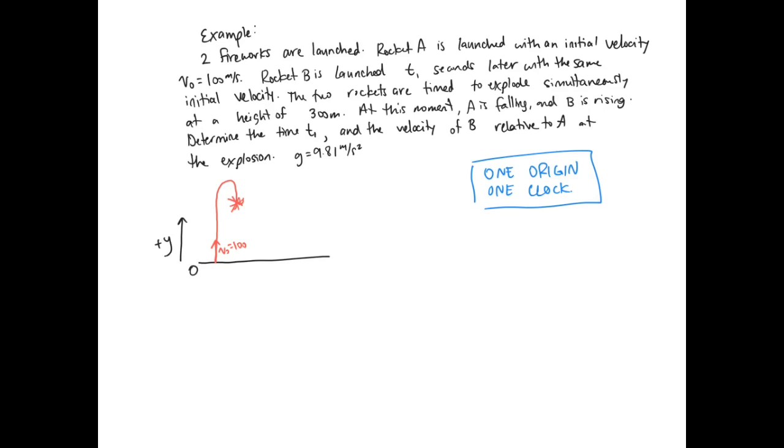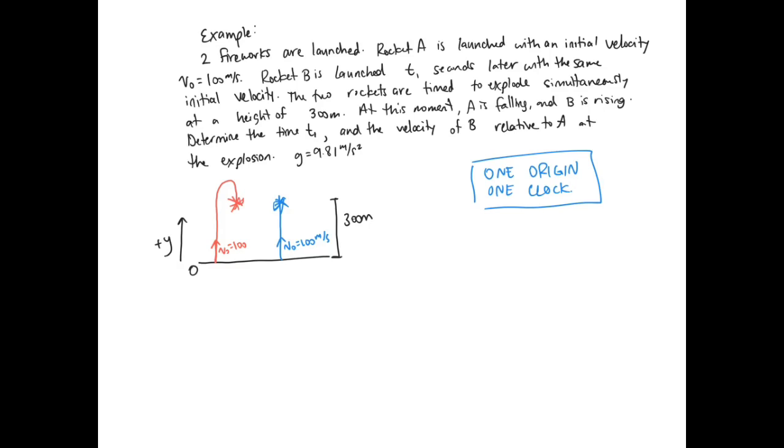Rocket B is being launched with the same velocity and it's exploding on its way up here. So it also has v naught equals 100 meters per second. This height here is 300 meters. So that's graphically what's happening in this picture.